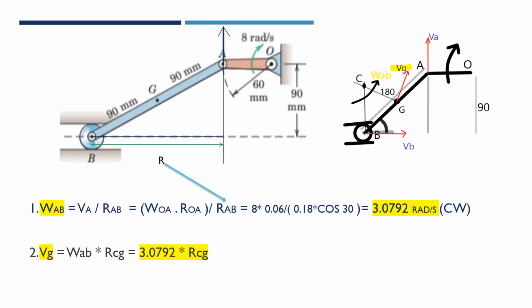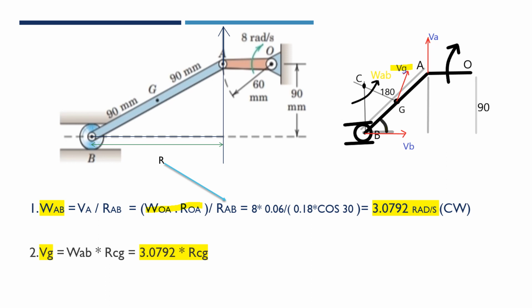To calculate velocity at G, we need to calculate omega of AB and radius of CG. So we shall proceed with omega of AB. Omega AB is equal to velocity of A divided by radius of AB. Velocity of A can be found by multiplying omega of AO into radius of AO.